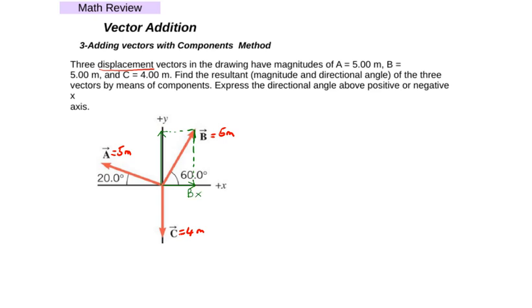Now the first ones I draw are Bx and By. And I look at their directions. By is upward, so it's positive. Whatever number I find will be positive. Bx is up to the right, it's positive as well.